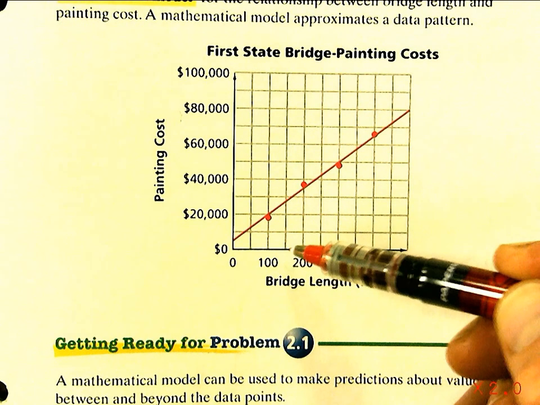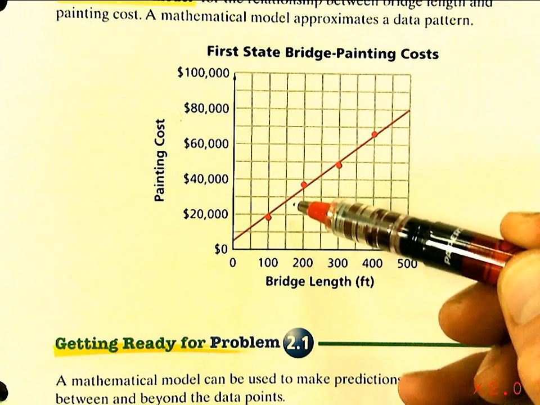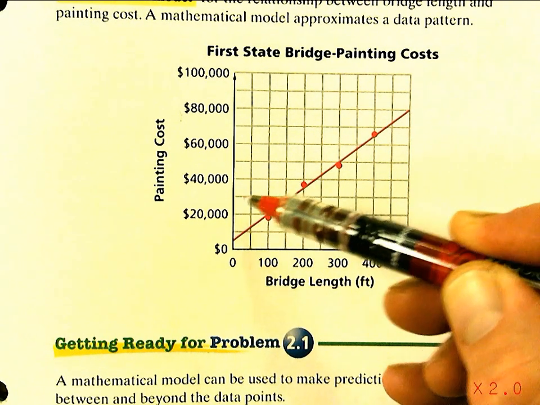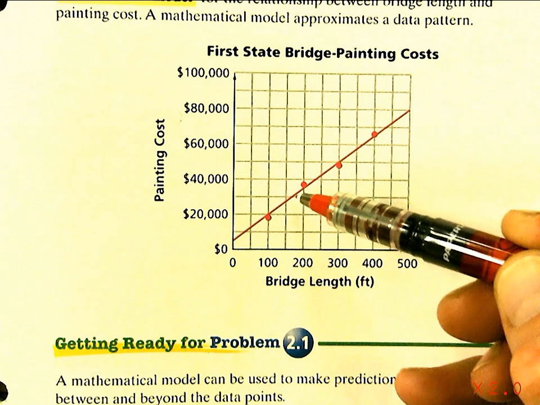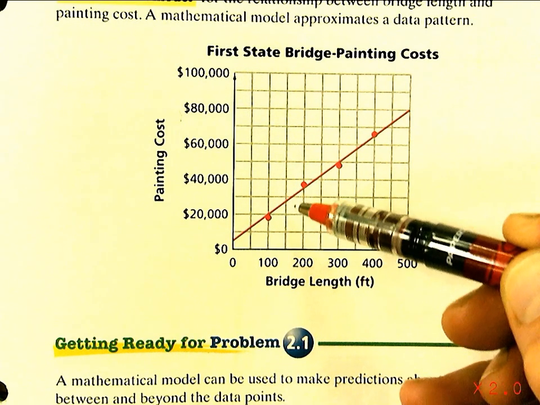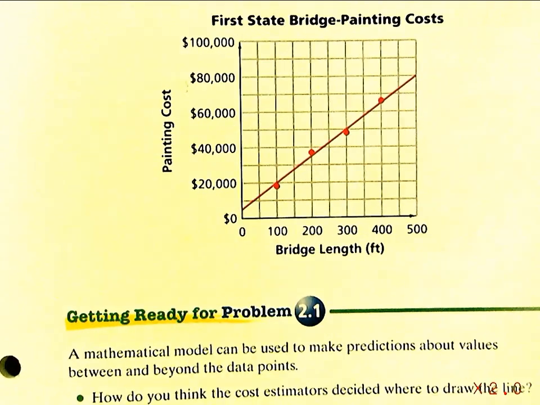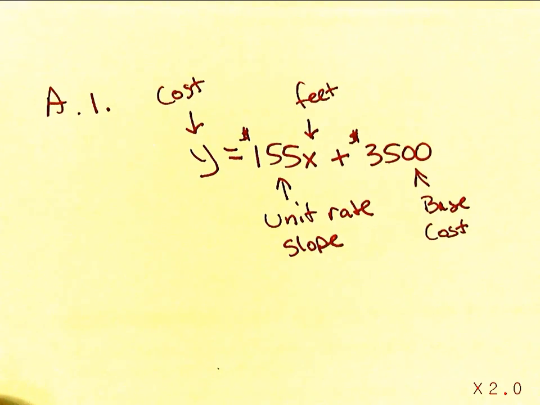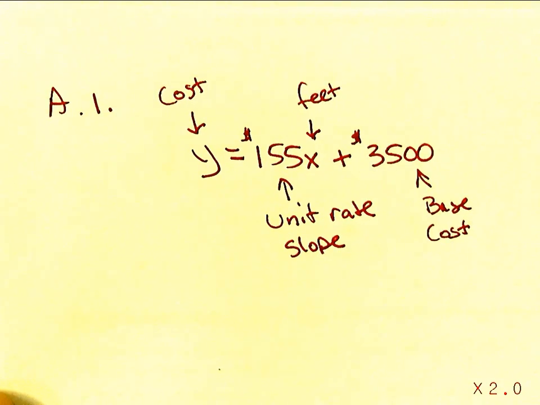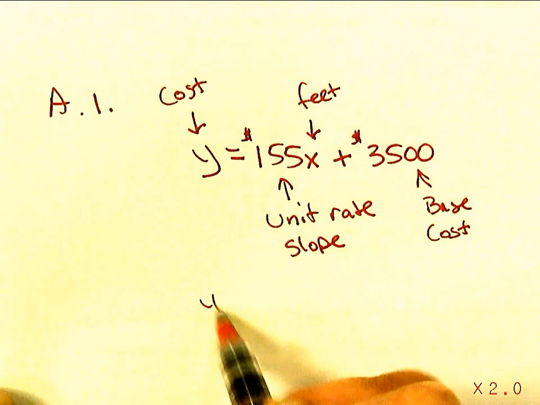There's 150 feet, 175, and it looks like it's going to be somewhere around $30,000 for that length of bridge. But since we now have an equation, I can just bring the equation in. If we have 175 feet of bridge, let's use the equation to solve it.